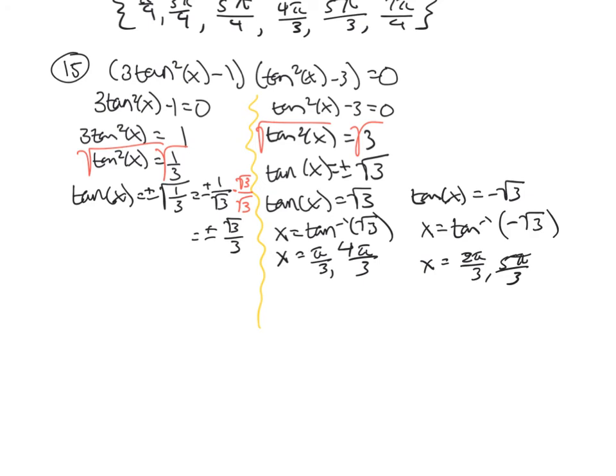So if we separate these out into their 2 separate problems, we get tangent of x is equal to the positive square root of 3 over 3, and tangent of x is equal to negative square root of 3 over 3. So just like I did for my right side, I'm going to use tangent inverse for both of these problems.